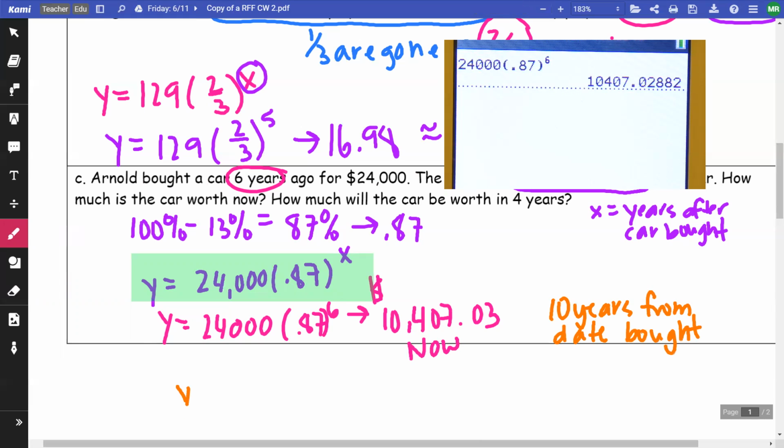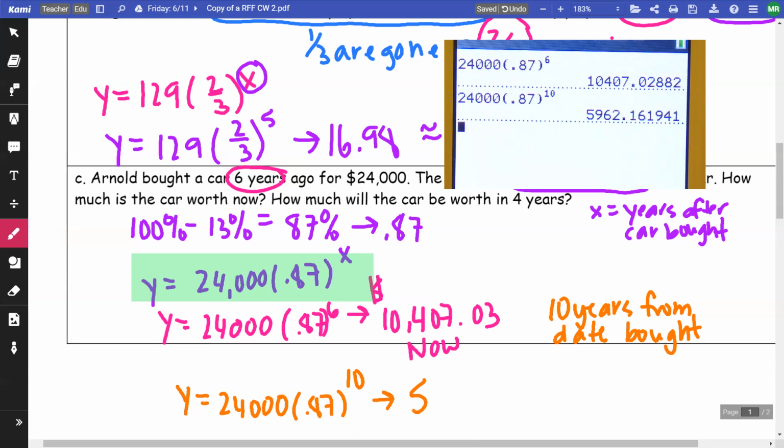So I'm going to go y equals 24,000 times 0.87 to the power 10. And I'm going to see what we get. So I just hit second and enter and it retyped it for me. And then I can just change this to a 10. And I get $5,962.16. And that's our answer.